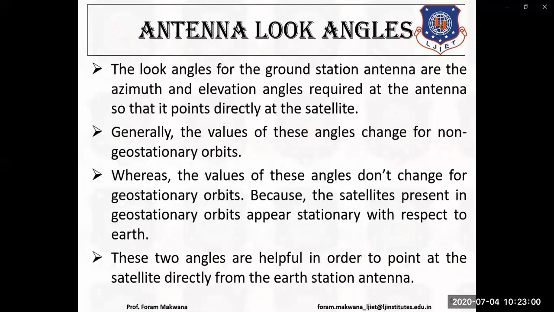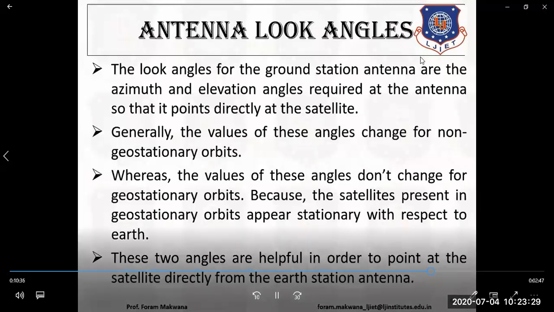So first of all, we need to know what we mean by azimuth angle and the elevation angle. Why? Because these two angles are helpful in order to point at the satellite directly from the Earth station antenna. In which direction do I have to point my Earth station antenna such that I can get a maximum gain from the satellite, right?